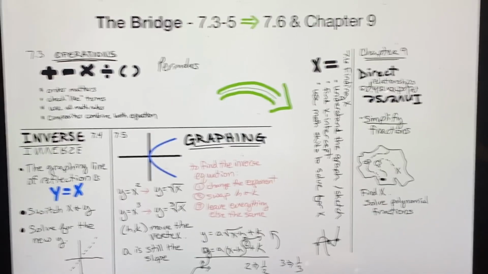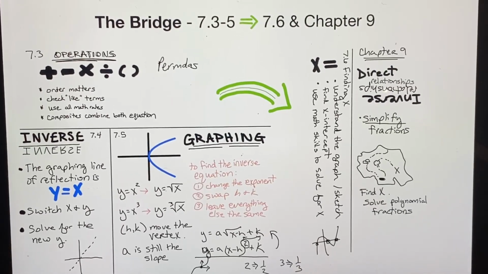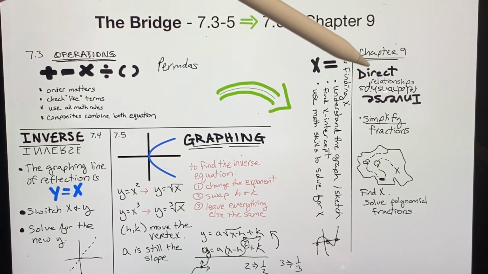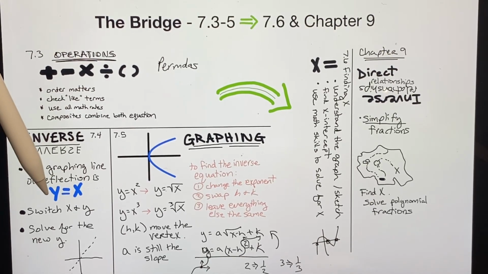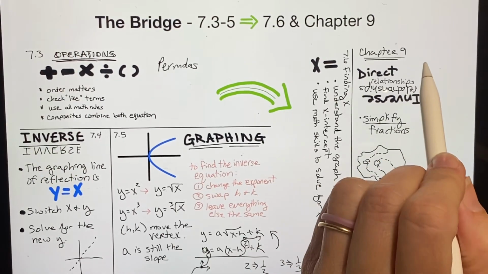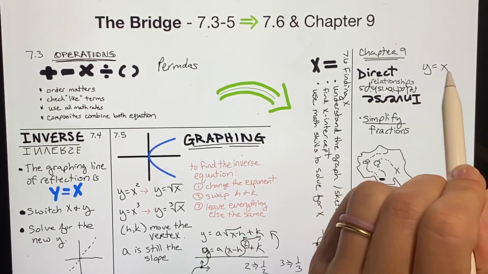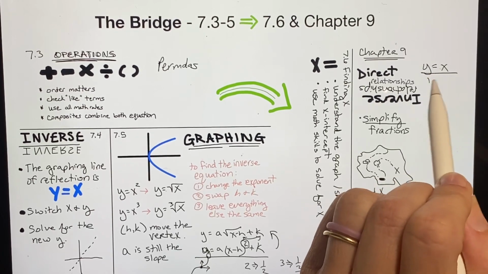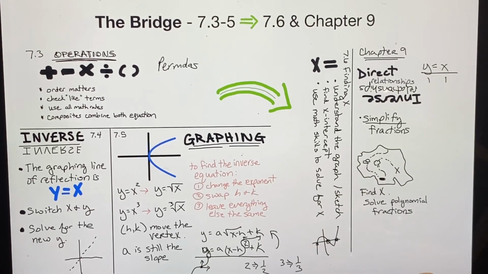In chapter 9, we're going to see how, once again, direct relationships and inverse relationships work together. We know that a direct relationship is the y equals x when they are on opposite sides of the equal sign and they are both in the numerator. Then it has a direct relationship.